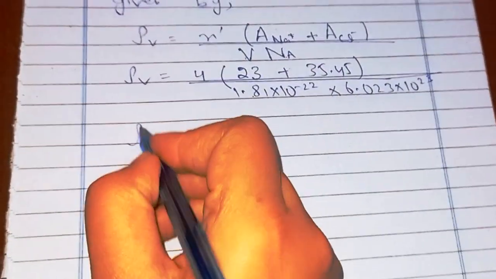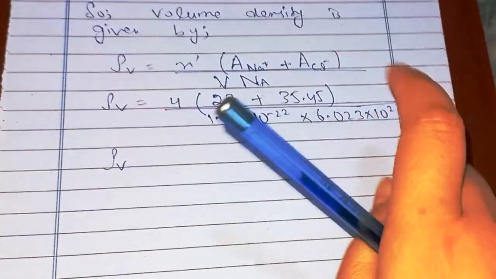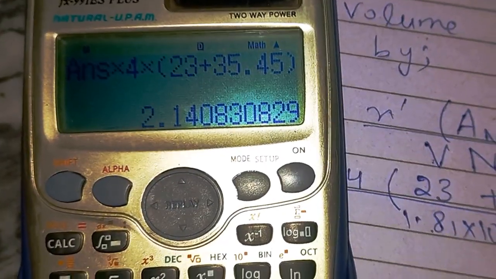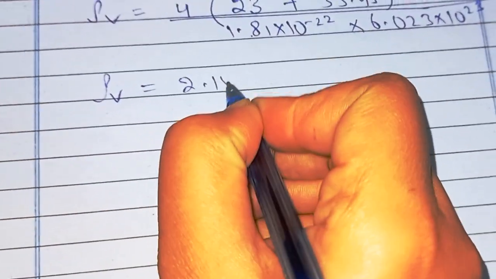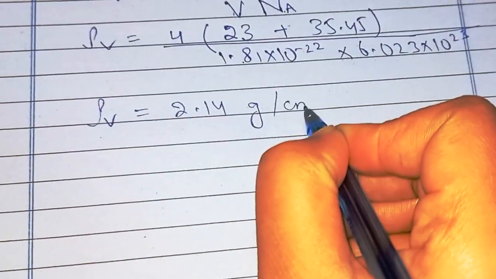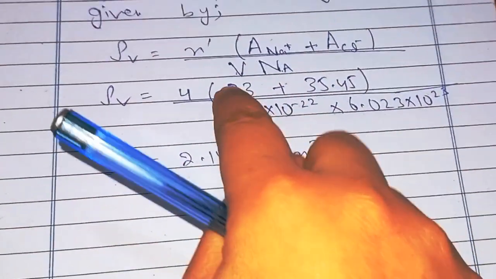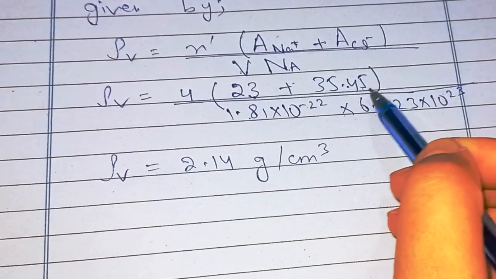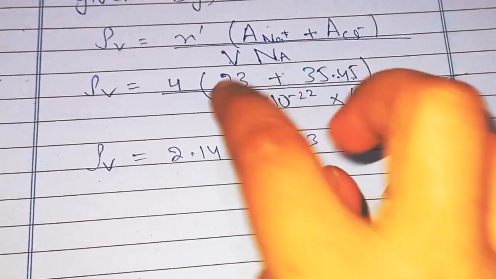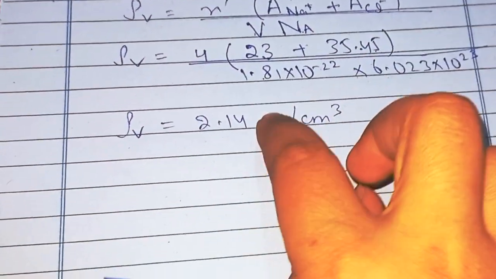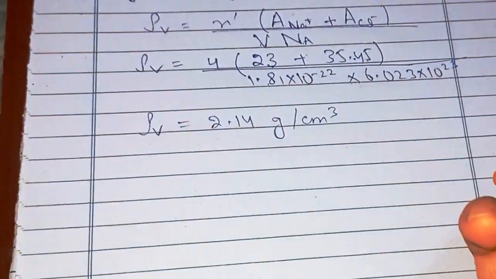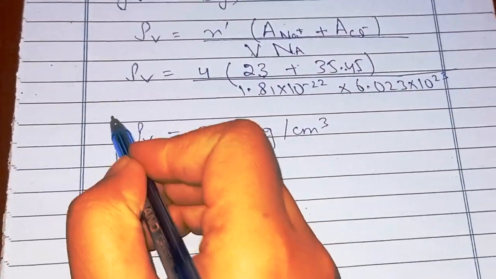Let's calculate it on the calculator. You can see the result is 2.14, in grams per centimeter cube. Grams because the atomic weights that we put in are in grams per mole, and centimeter cube because of what we did with volume. And that is the volume density.